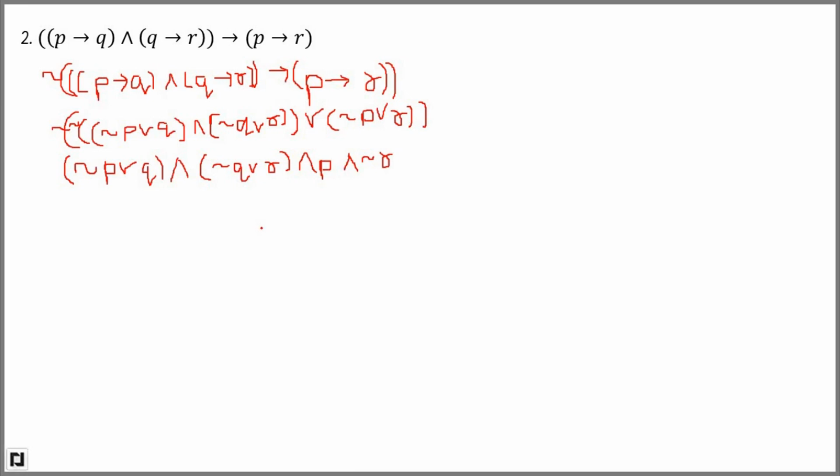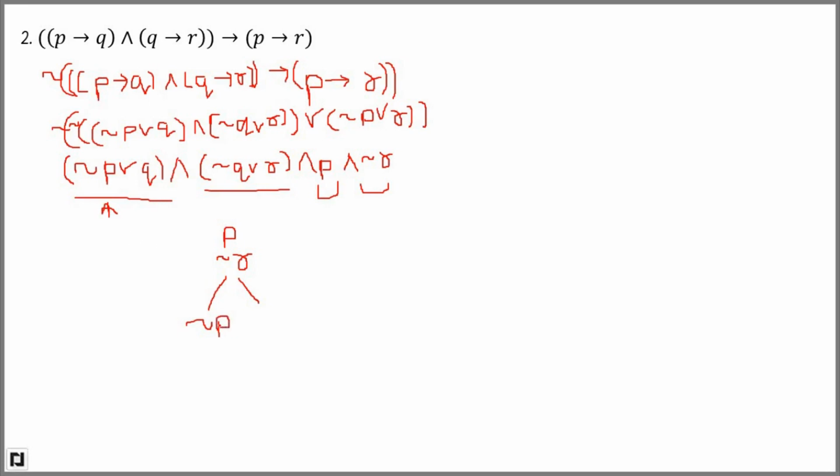The parent node of the tree is the single sum term, which is P and negation R. Now we have to make child of the parent node, which is either one of these two sum terms. So let's take this sum term.